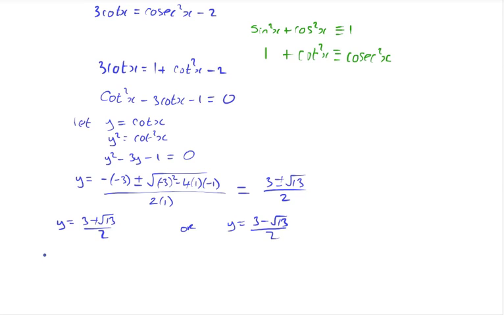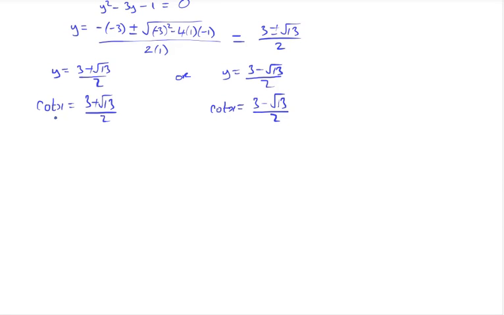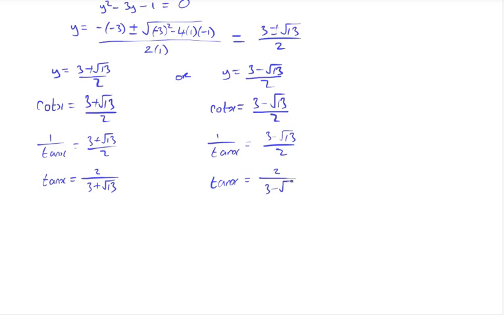So these equations are now cot x equal to this and cot x equals this. Cot x is 1 over tan x, so flipping this upside down and flipping this side upside down gives us tan x equals 2 over 3 plus root 13 and tan x equals 2 over 3 minus root 13.